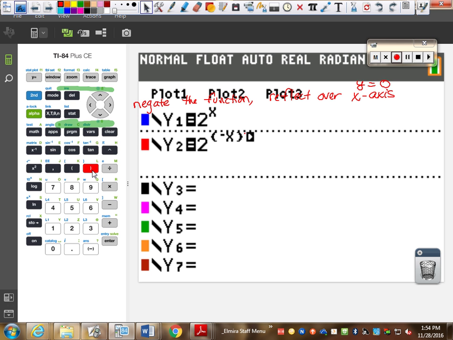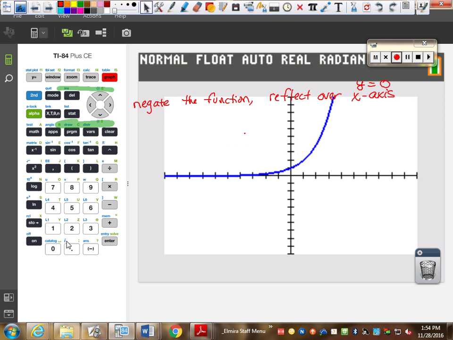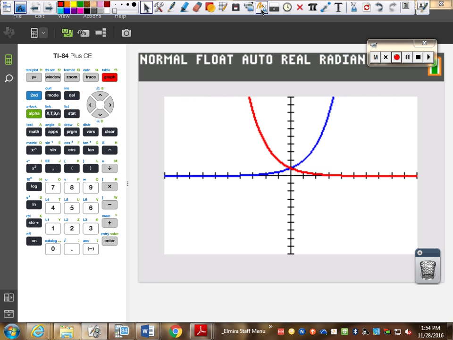Well, the difference here is I've put a negative sign only in front of the x. And what happens? Now we have the original function in blue and this new function in red, and it's a reflection over the y-axis.